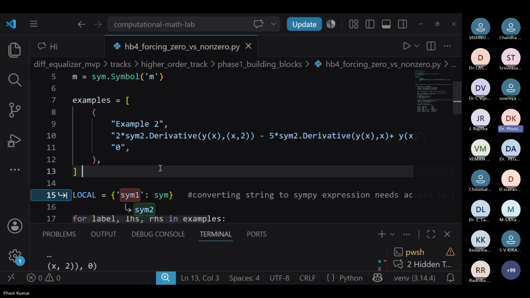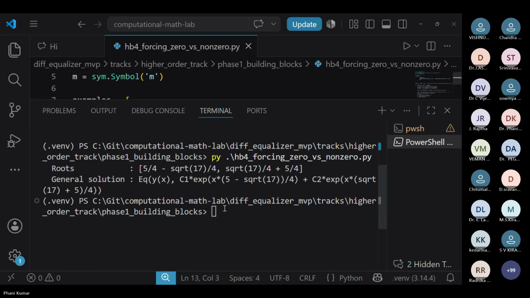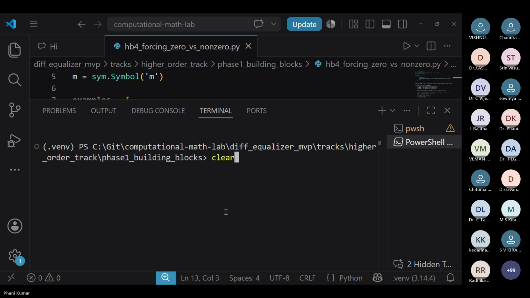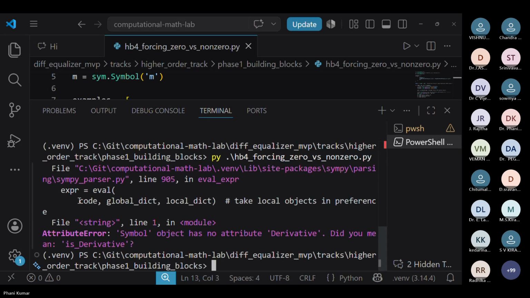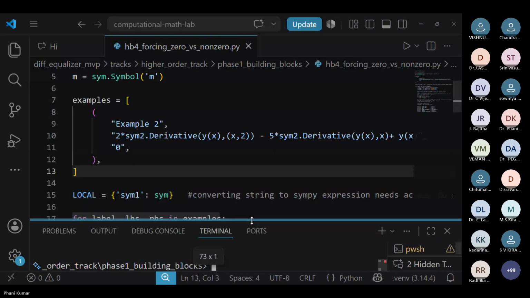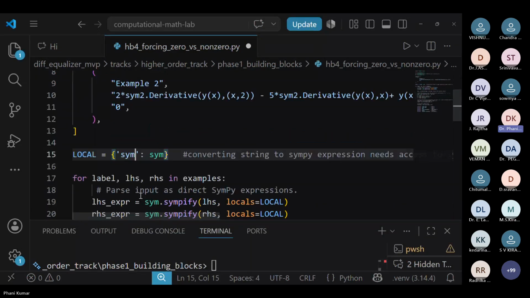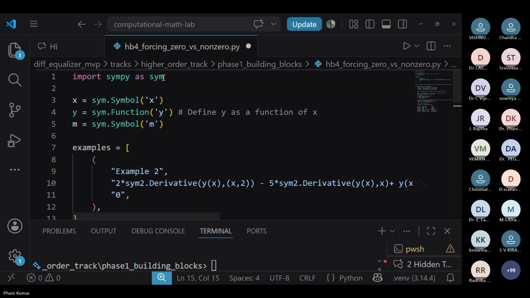So what error am I going to get? So take local objects in preference. So that converts into an expression. So it takes an object and converts that object into an expression.